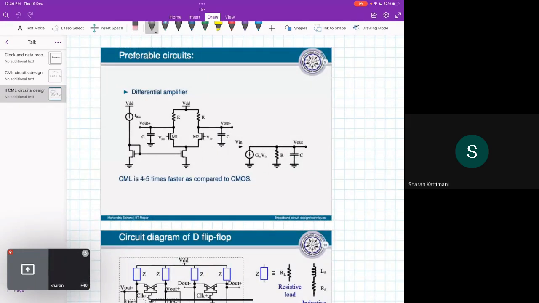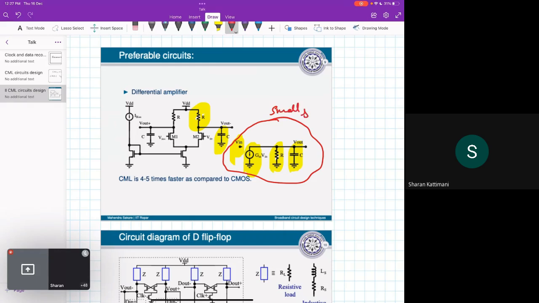Okay, so this is again a differential amplifier. We can simplify this as an input and a voltage controlled current source, and we assume that this R is this R, and there will be a load, the same load. So this is its small signal model.